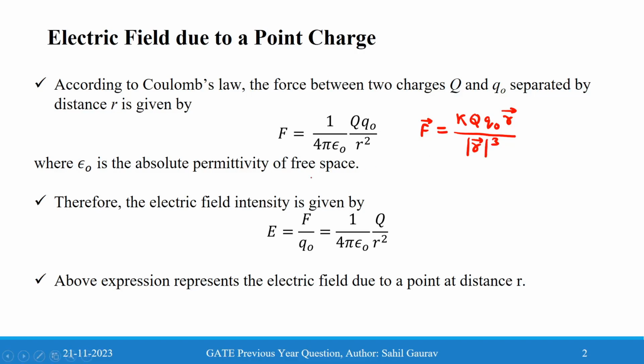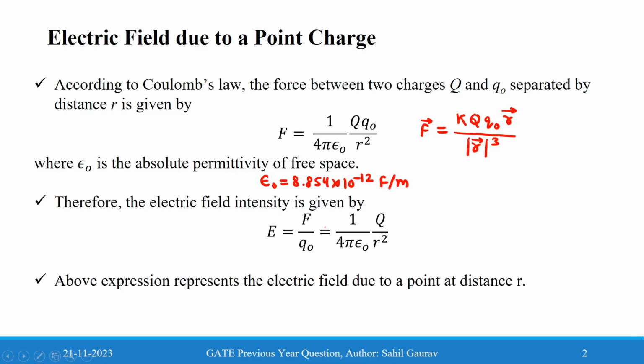Where epsilon naught is the absolute permittivity of free space, that is we know that 8.854 into 10 to the power minus 12 farad per meter.